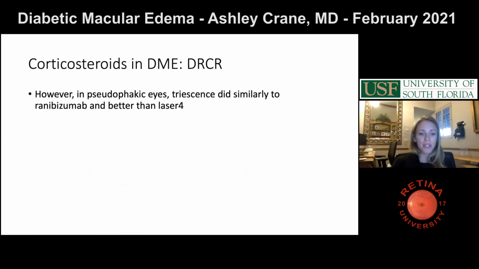So can you, the residents, tell me, do you use a lot of corticosteroids in diabetic macular edema in your clinics? If they're refractory to the other anti-VEGFs, we sometimes will do it. You do. Which agent do you go to first? I think triessence.